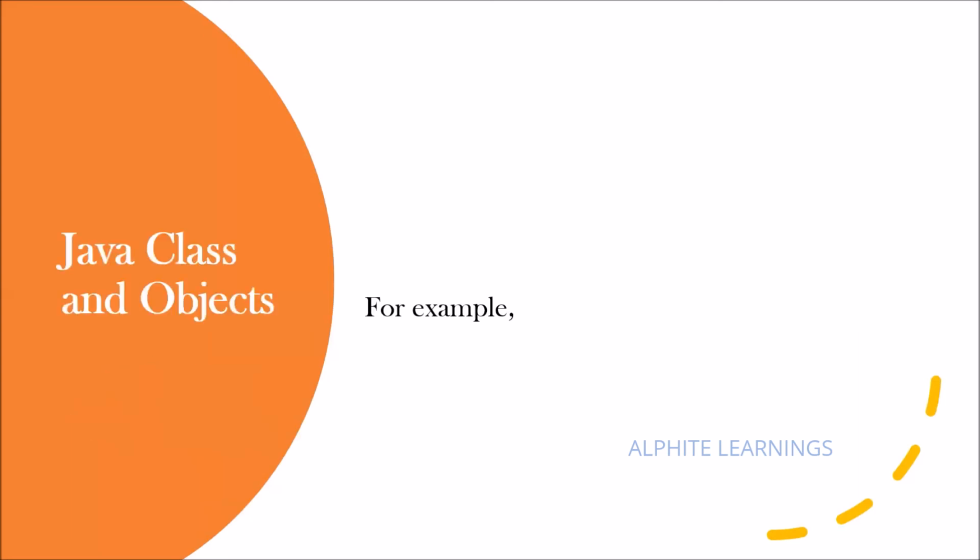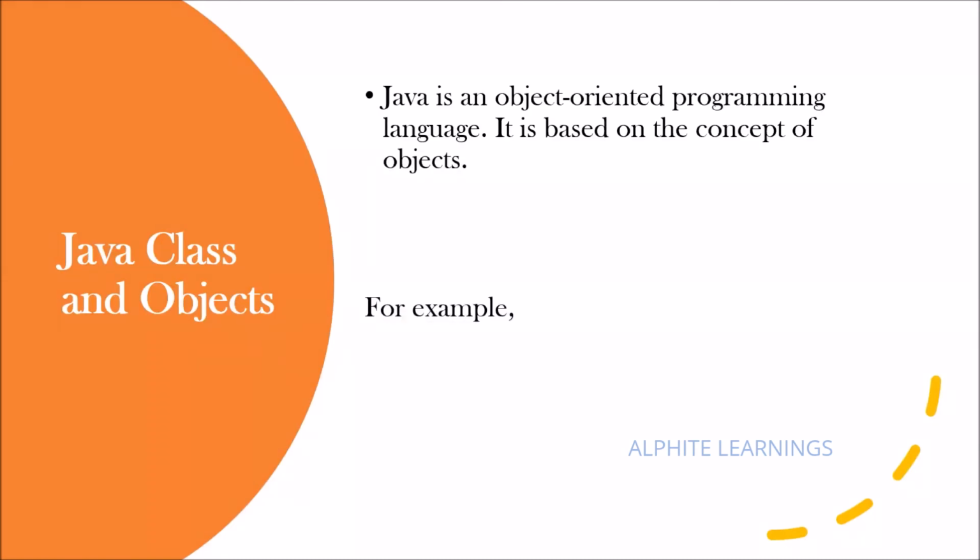First we have Java classes and objects. Do you think we have used Java classes and objects so far? If your answer is no, then I'll explain. If it is yes, the people who thought yes are right.